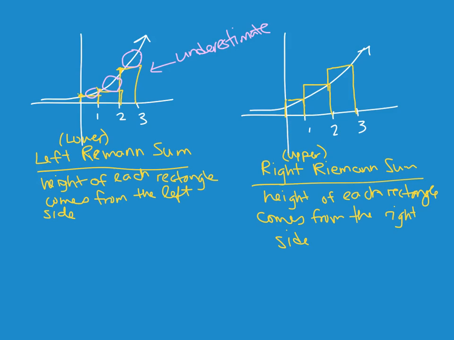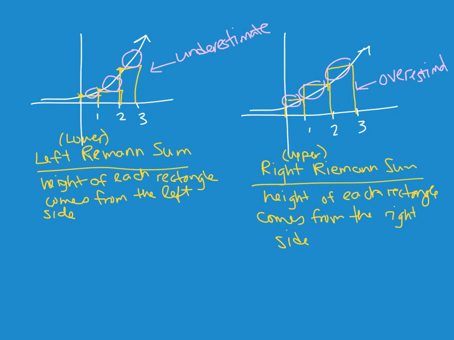The height of my rectangle ends up being a higher x value in the right sum than in the left sum. You might be able to see these spaces here. I'm overestimating my sum with this one.